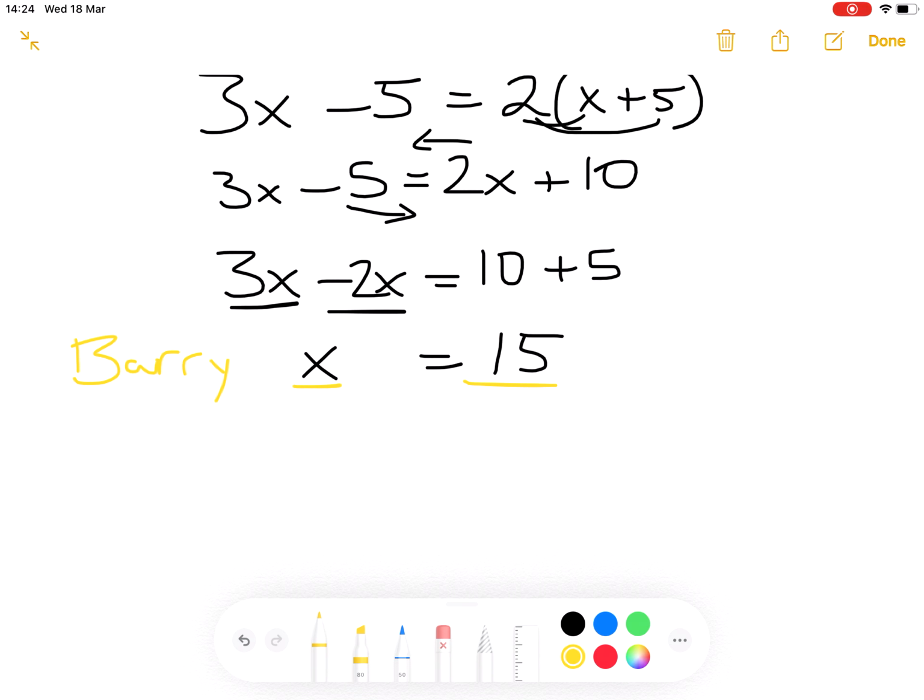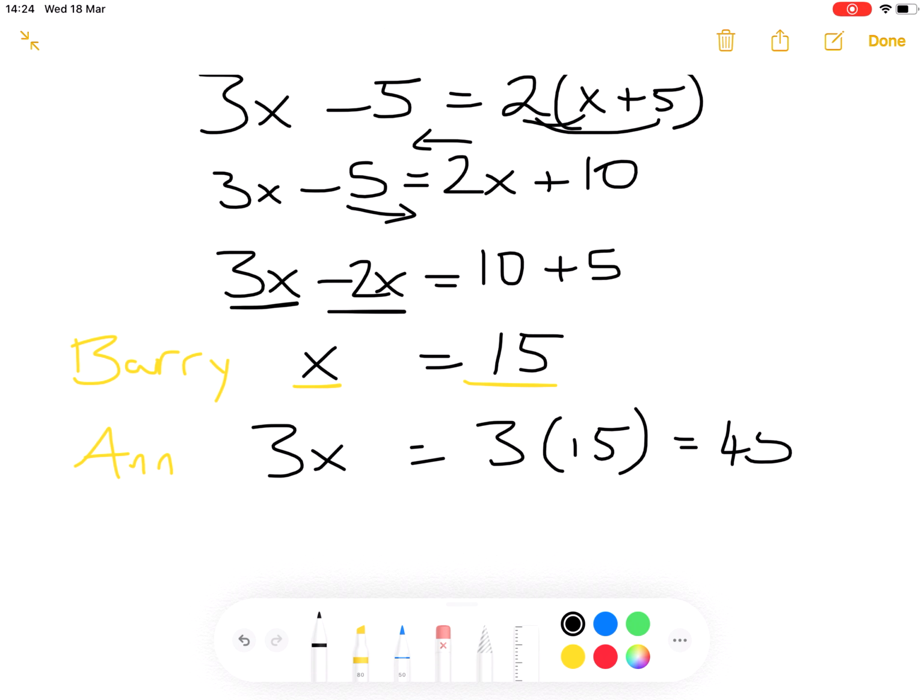So Barry owned 15 games and Anne owned 3x, 3 times as many as Barry. So all I've got to do is 3 by 15, and that gives me 45, and that makes sense, okay, because that number times 3 gives me that.